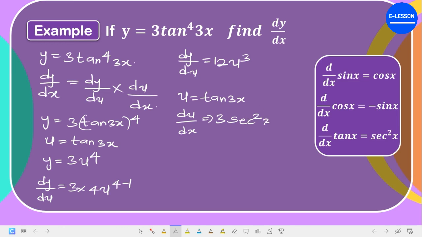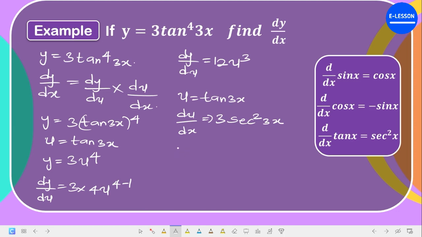Then write the 3x again. So u is equals to tan 3x, du/dx is equals to 3 sec square 3x. What I did was, first of all, I differentiated 3x. That gave us 3. Now differentiate tan x without the 3. That will give us sec square. Then add this 3x here, which is now sec square 3x. So du/dx is 3 sec square 3x.